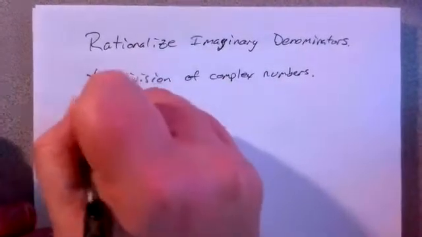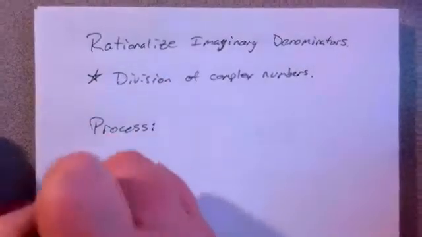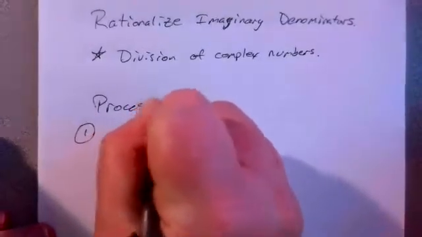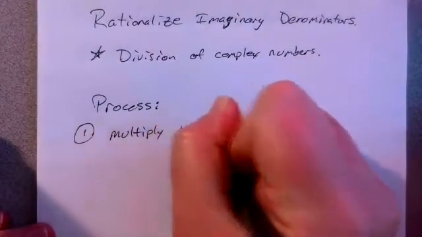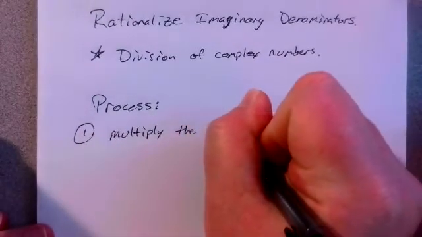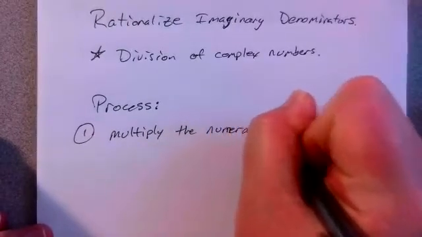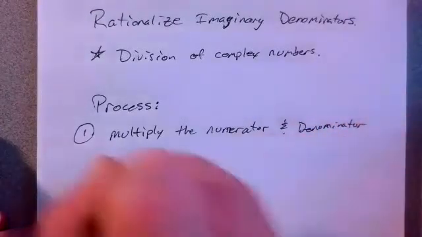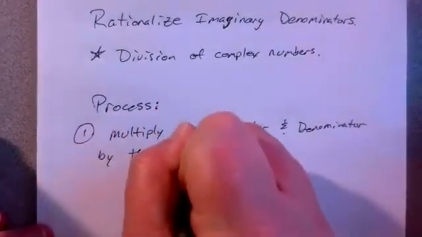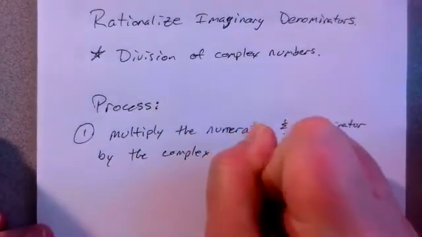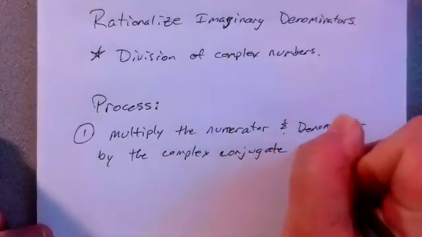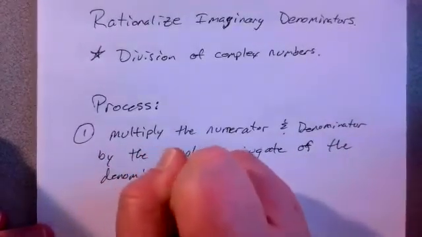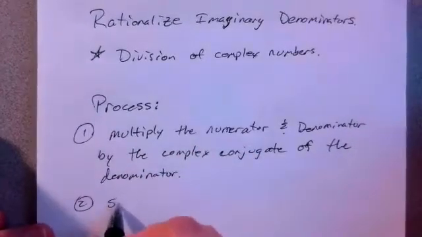The process: step one, multiply the numerator and denominator by the complex conjugate of the denominator. And step two is we're going to simplify.